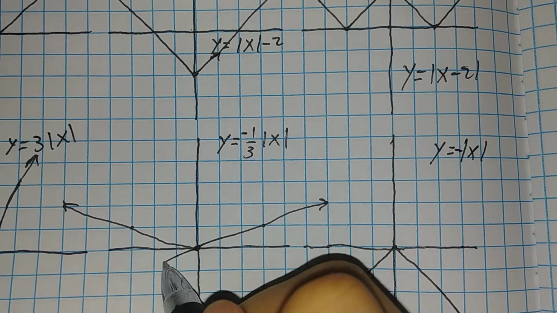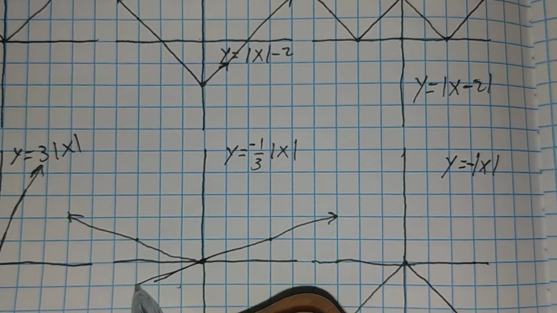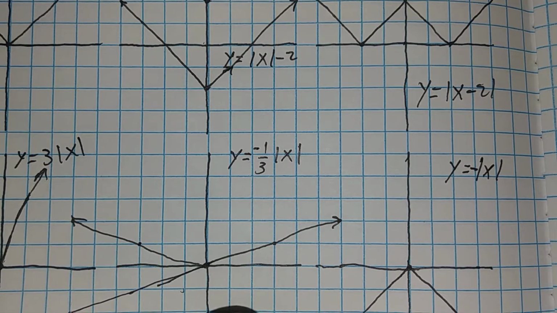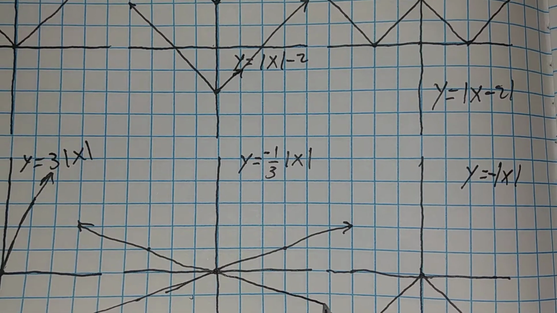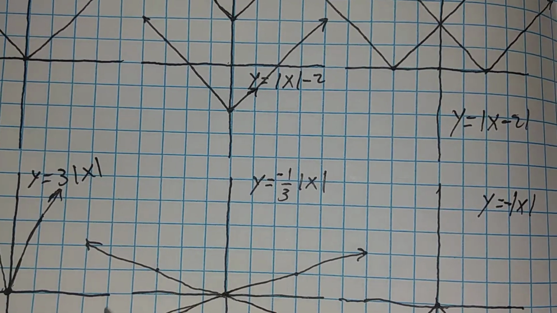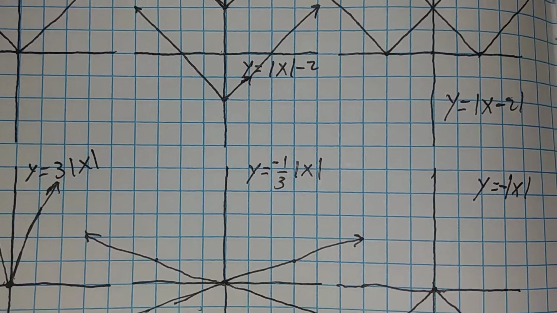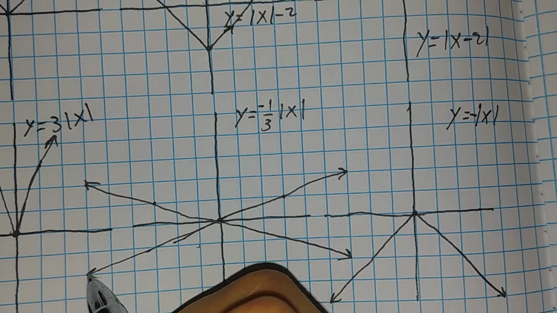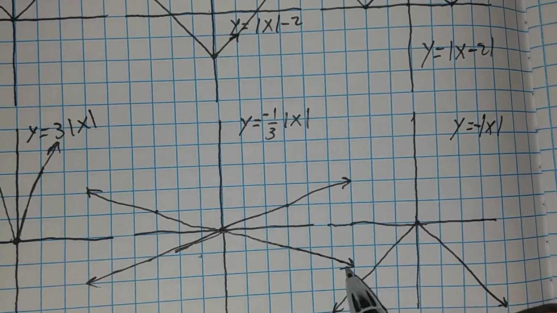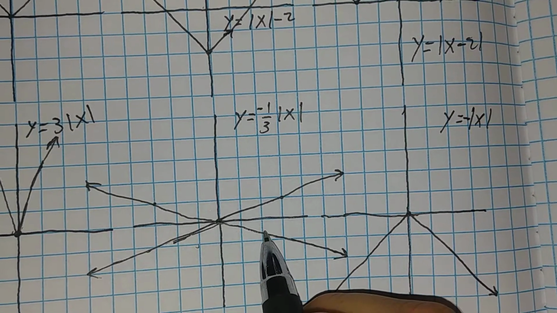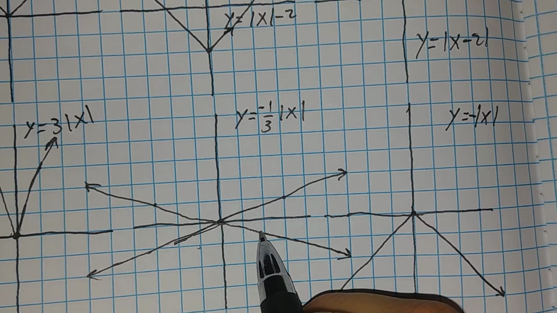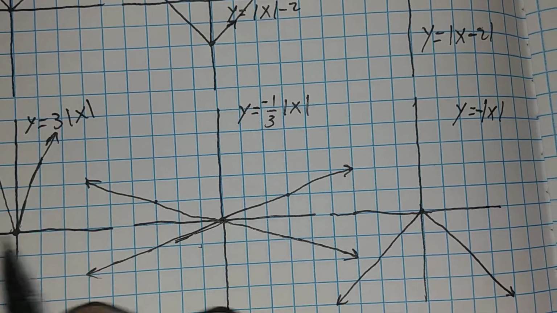So my graph now looks like this. Now my graph was flipped and now it looks like an upside down V.